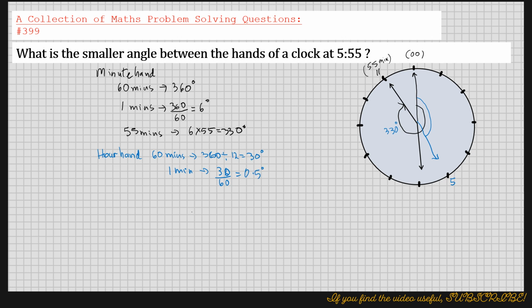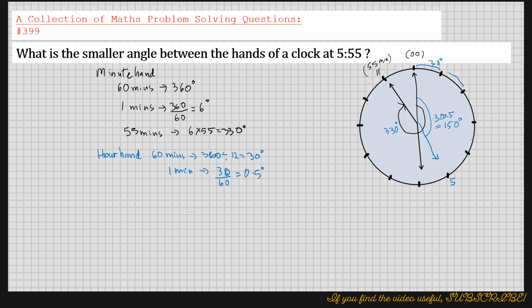In 60 minutes it moves 30 degrees. So 30 times 1, 2, 3, 4, 5. This angle will be 30 times 5, that is 150 degrees.